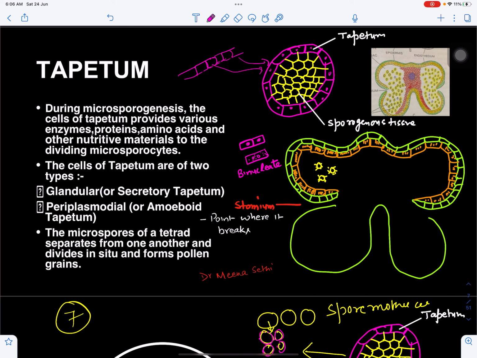When it excretes the nutrients to the pollen grains or sporogenous tissue, it is called glandular or secretory. Glandular means it is excreting something, some secretions are coming out.